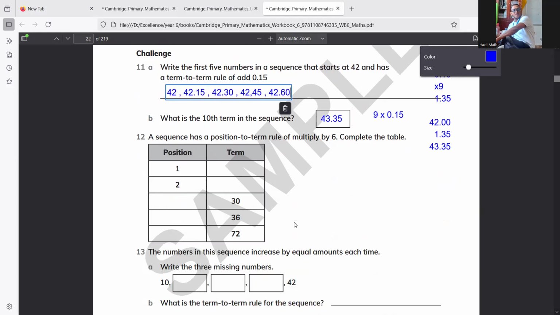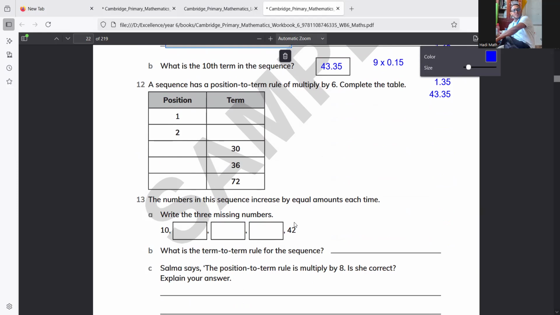So let's go and see number 12. We said a sequence has a position-to-term rule of multiply by 6. Complete the table. We multiply by 6. They say this is position to term. So position is 1 multiplied by 6. 1 multiplied by 6 is going to give you 6. This is 2 multiplied by 6, which is going to give you 12. 30: which number multiplied by 6 is going to give you 30?